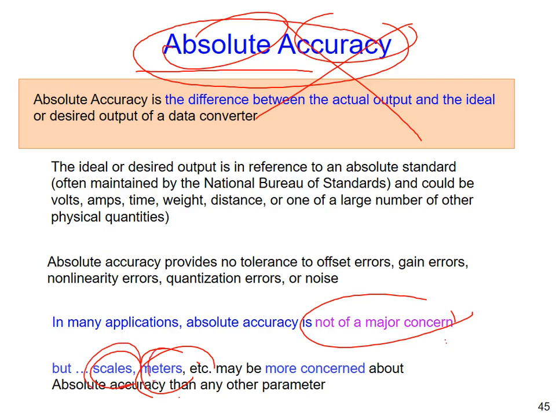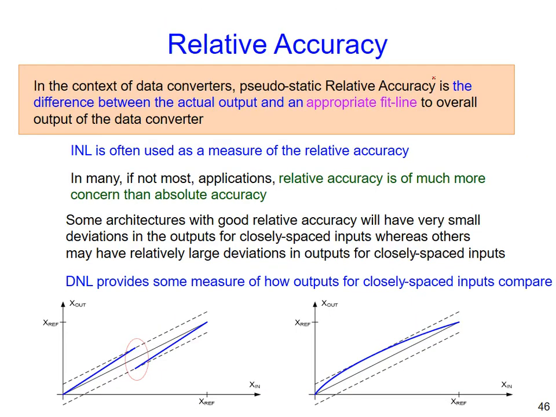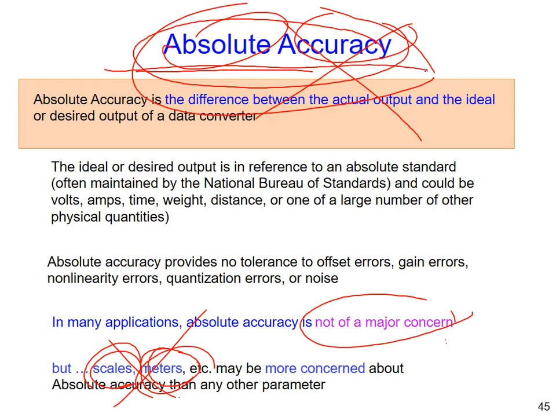So we only focus on these references. Otherwise, we don't care about absolute value. If you would like to get absolute accuracy, then you need calibration. That is the only way. Nothing else. You need calibration after fabrication. Otherwise, you cannot ensure your absolute accuracy.